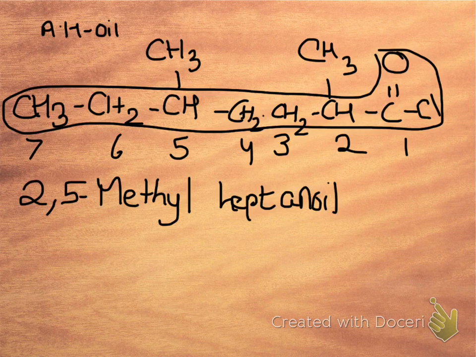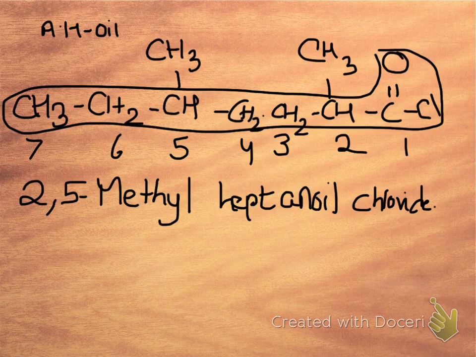So heptanoyl chloride. This is how you write the name. After that you should write the name of the acid halide, chloride. So the name of this is 2,5 methyl heptanoyl chloride.